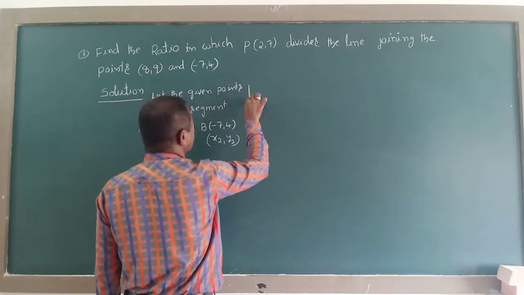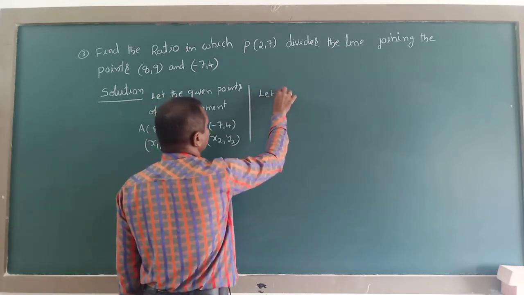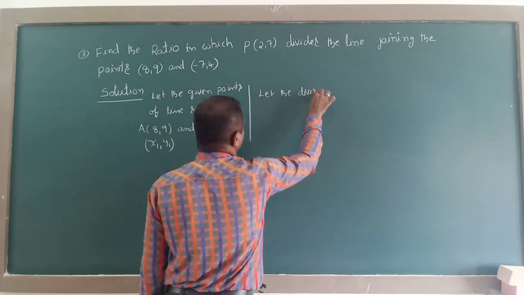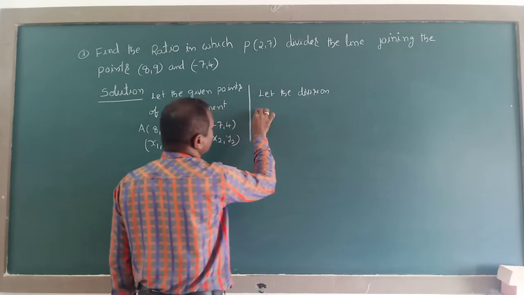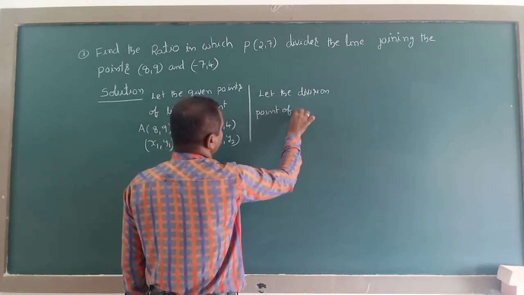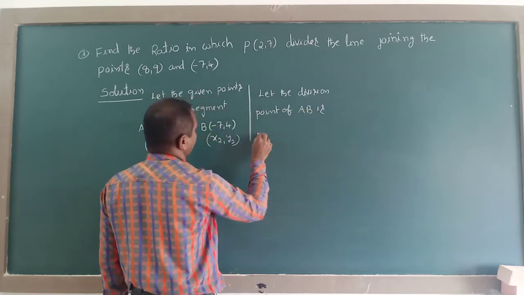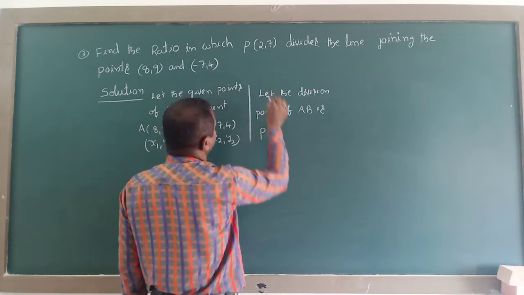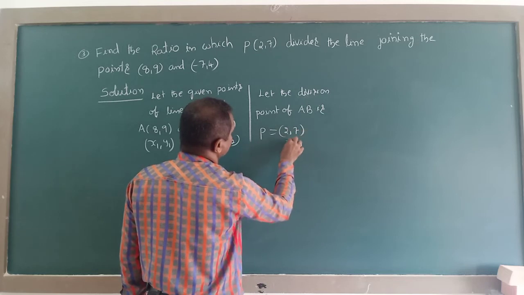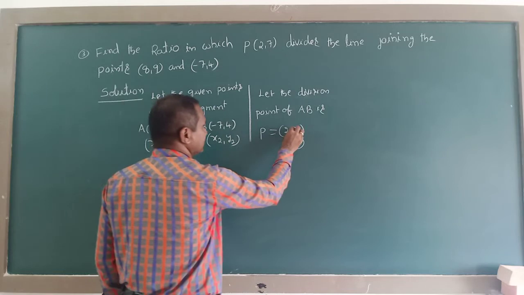Let the division point of AB be P, which is (2, 7). We consider this as (x, y).